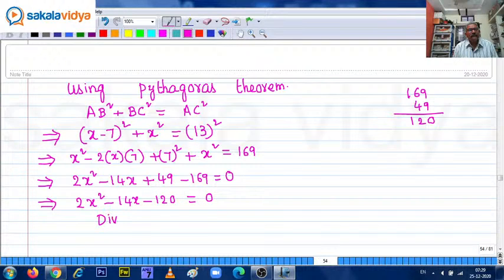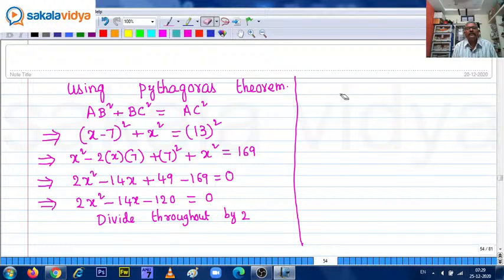Divide throughout by 2. So what do you get now? On dividing throughout by 2, 2 cancels, 7, 60. So we get x square minus 7x minus 60 equals 0.